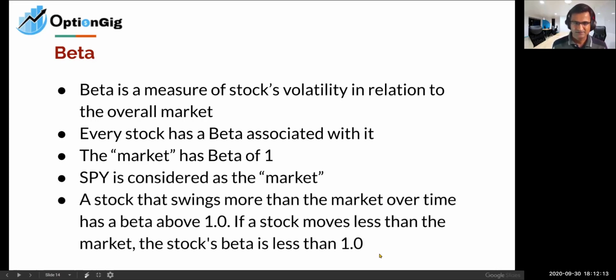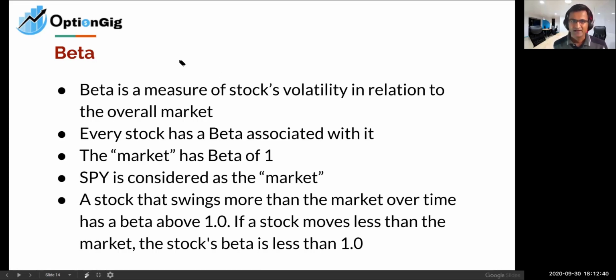A stock that swings more than the S&P over time will have a beta higher than 1. But if it moves less, then the stock's beta is less than 1. Now, this has nothing to do with how profitable a stock is or not. So let me give an example.